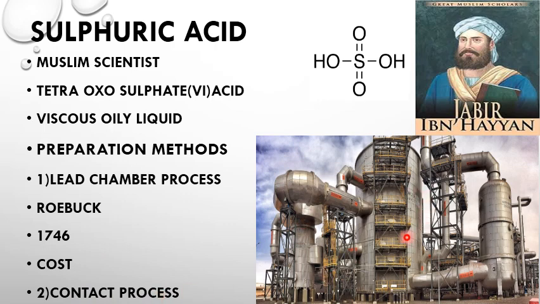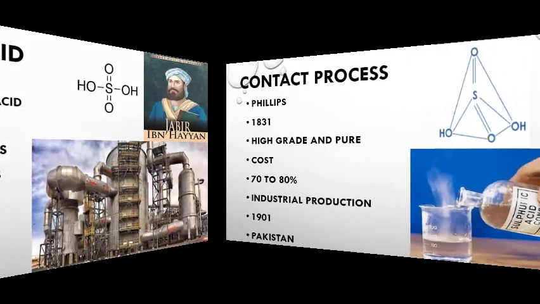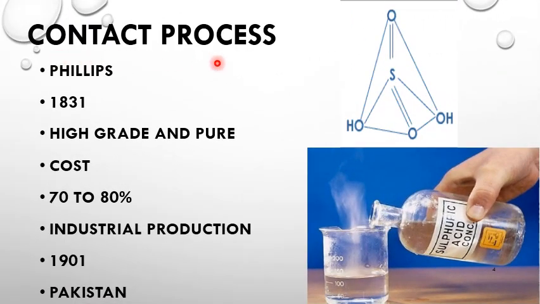Keep an eye carefully on this picture. It is the production plant of sulfuric acid used in the contact process. Contact process. This process was first discovered by the scientist named Phillips in 1831.